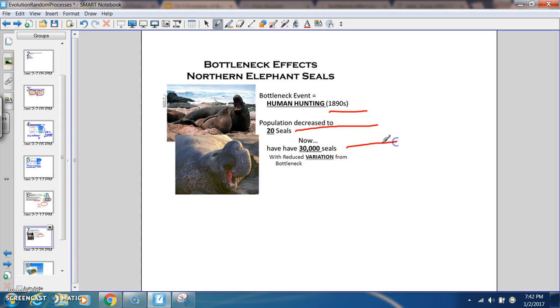Now we have about 30,000 seals. But the problem is that the original 20 we started with, that we tried to conserve and work with different types of reproductive methods to bring their population numbers up, wasn't that diverse. So there was a huge reduction in the variation of this species, and that's a huge concern.